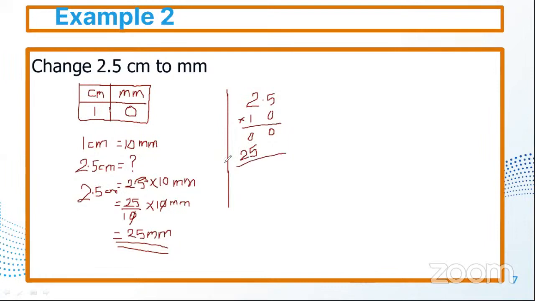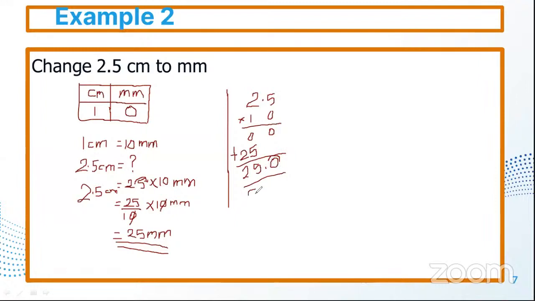Okay, from here you can add. 0 plus 0, you get 0. Here you have 0 plus 5, you get 5. Here you have 2, you put it there. Therefore, the number you were multiplying, 2.5, has 1 decimal point. So you come back to the final answer and count 1 decimal point, and you put a decimal here.